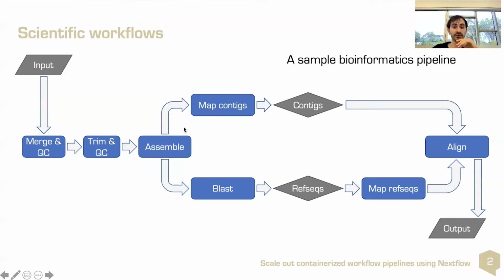tasks, such as the case of the mapping context and blasting after the assembly step here. You can also have steps like the one here towards the end, where you are collecting and gathering outputs from multiple steps, forming the input for a single step that aggregates all of the previous data.